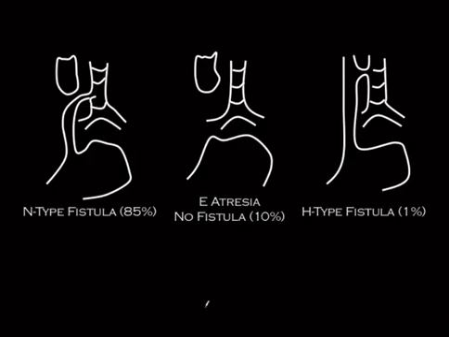This is going to end up with no air in the stomach. And then you can have an H-type fistula, which has a communication like this. Actually looks like the letter H. And this is not common, but because it has a named letter, it's probably the one that you hear about the second most, N-type and H-types. These two will put a bunch of air in the stomach. This one won't.